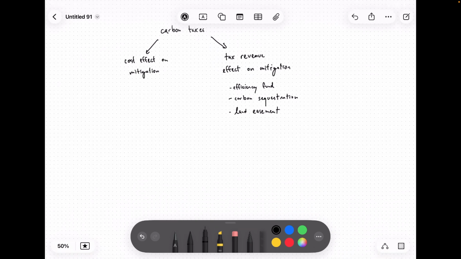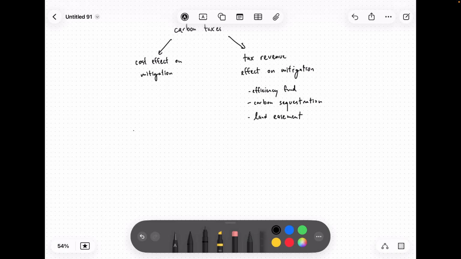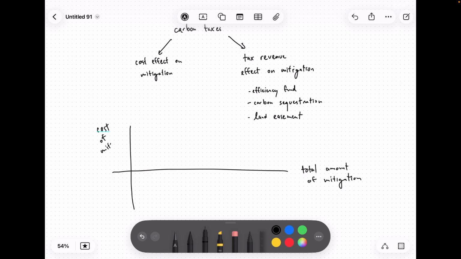So the McKinsey curve is kind of this idea where this axis is the total amount of mitigation, and this is the cost of mitigation. So for any particular strategy, you might have something that looks like this.